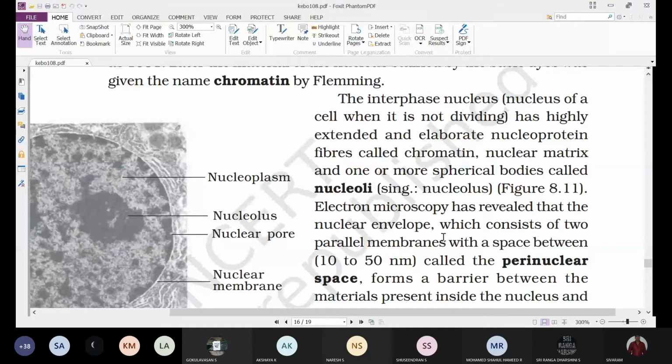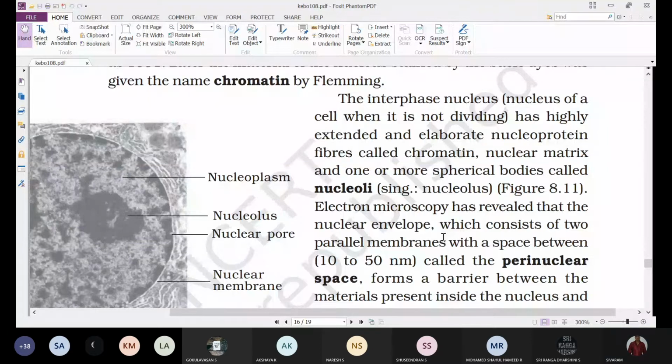So along with the DNA, some histone proteins are also associated. That's why we call them nucleoprotein fibers. These long thread-like nucleoprotein fibers we call chromatin.